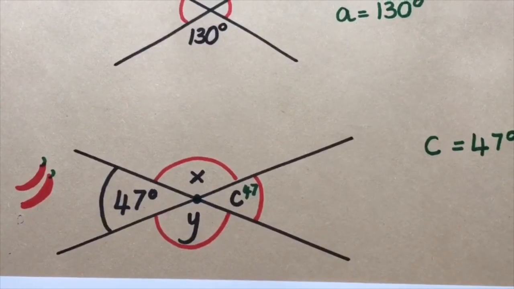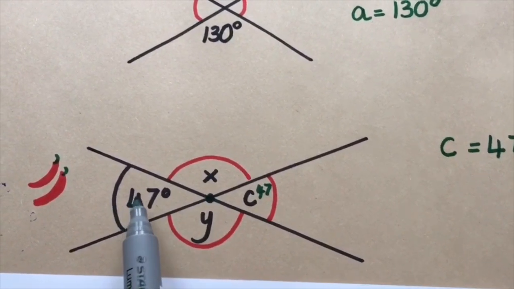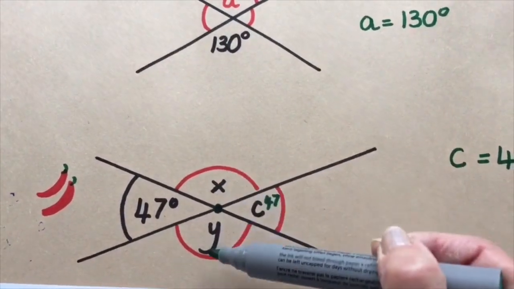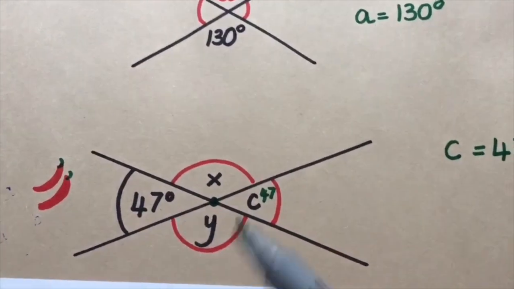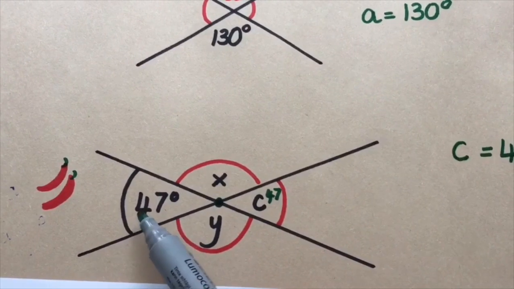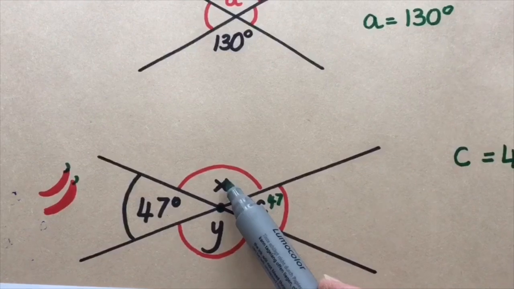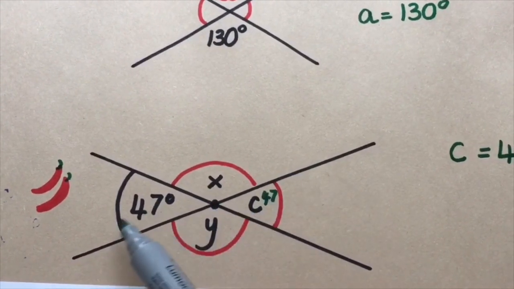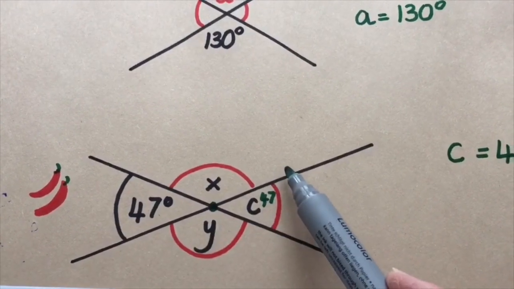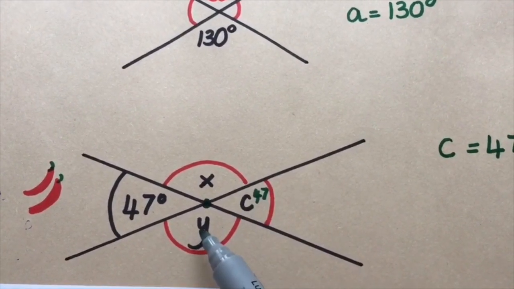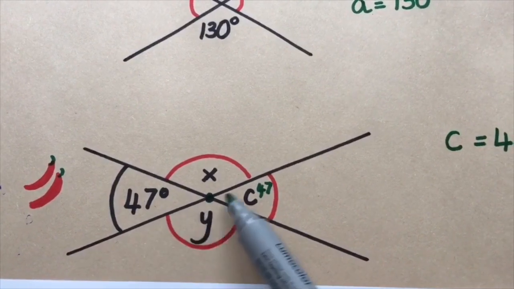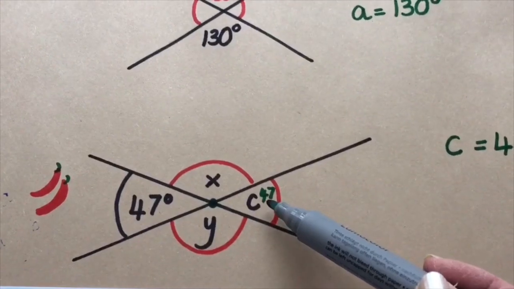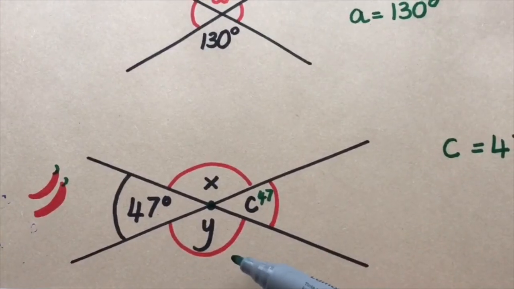So I'm going to have to find angles X and Y. Now I could do it by saying, well, I know that 47 degrees plus angle X comes to 180 degrees because angles on a straight line add to 180, in the same way that angle C and angle Y would add to 180 because they're on a straight line. But I think I'm going to use my knowledge of opposite angles to work this out.